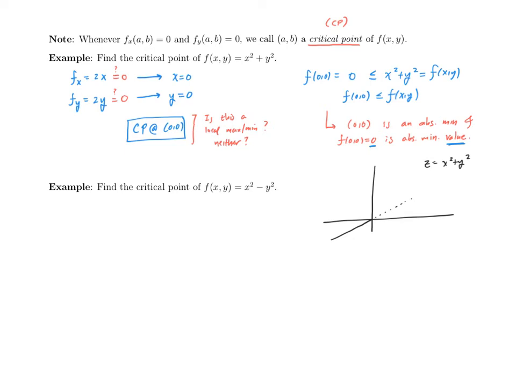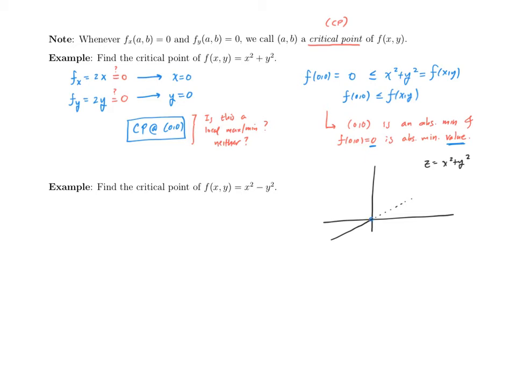But just a quick discussion, if I was to, for fun, cover up that y squared term, z equals x squared, i.e. thinking the y equals 0 trace, would be a parabola opening upward. Similarly, if we were to cross off that x squared, z equals y squared, now the x equals 0 trace, would be a parabola opening upward. And in either case, they have a vertex at the origin.